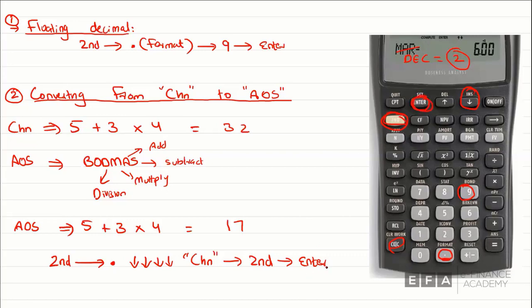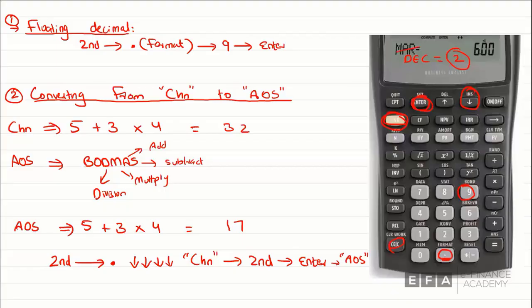When you press second and enter, your calculator has now switched from CHN to algebraic operating system. So it will automatically switch to AOS. You can try to do the same calculation again, which is 5 plus 3 times 4, and you will see now your calculator produces 17 as opposed to 32.